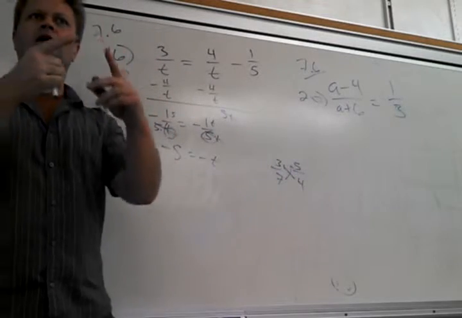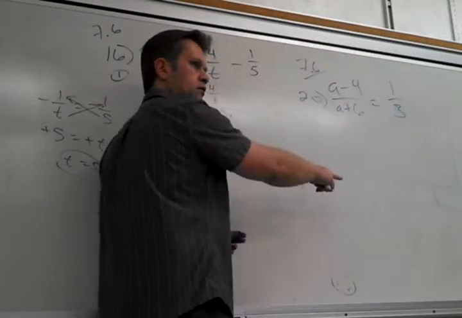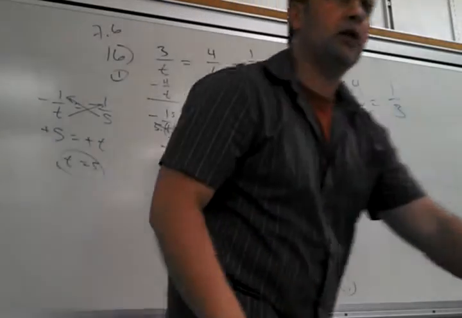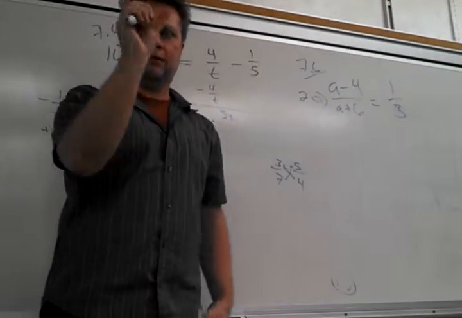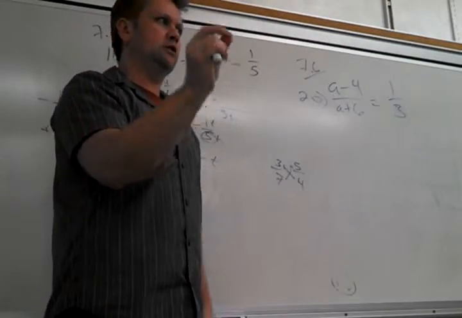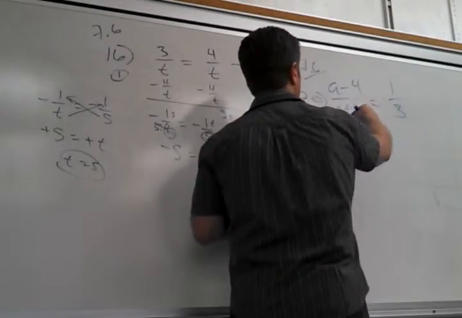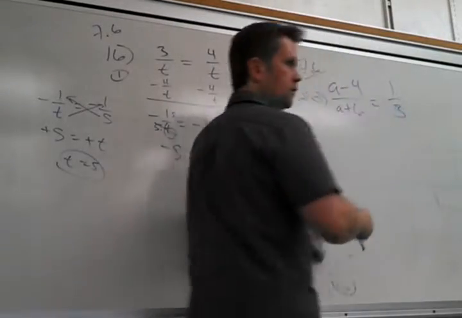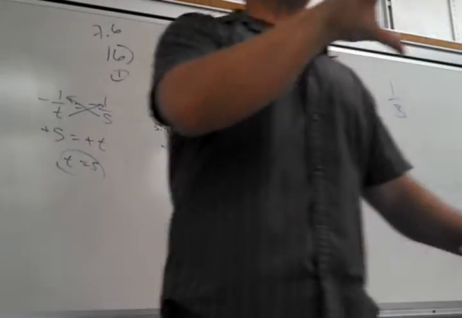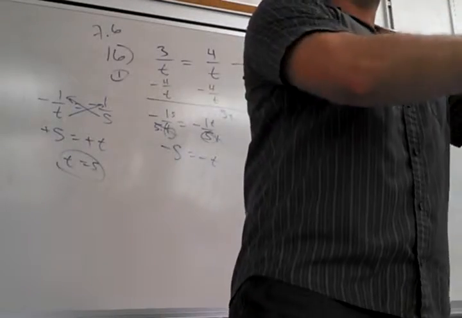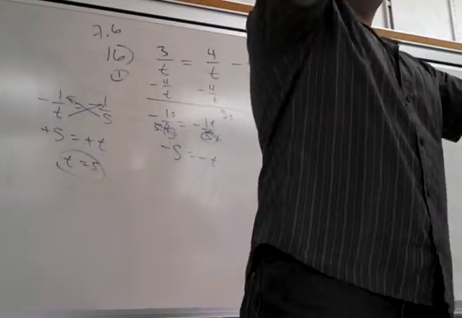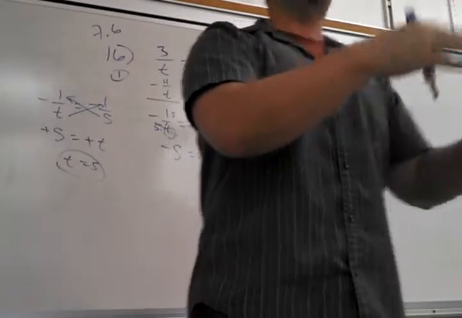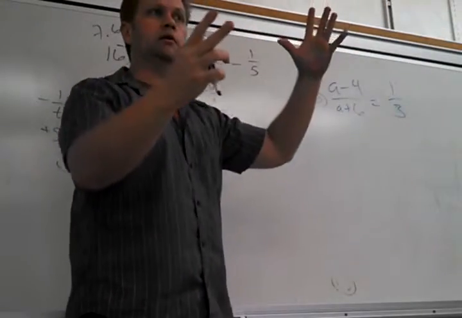No, what? How do you multiply, friend? You multiply. So cross multiplication only has a very specific place you're allowed to use it directly. That's when you have fraction equals fraction. Now you can be creative and use the idea of cross multiplication in other places, but you have to be really comfortable with how everything else works. This is the only place you're allowed to just directly use it.